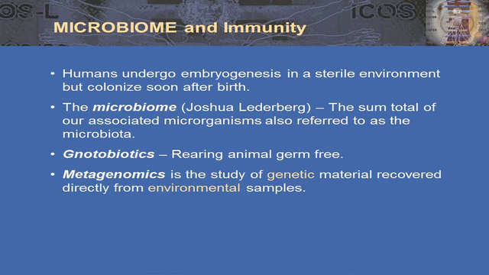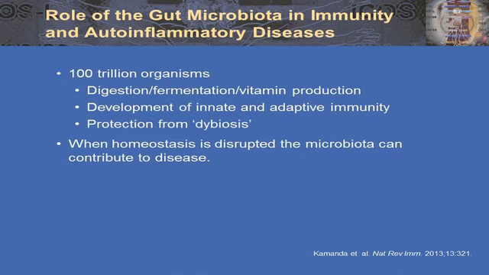There's another term that you'll see in this literature known as gnotobiotics, and that is rearing animals in germ-free environments and studying the effects of reintroducing bacteria and microbes into them. And then most importantly, this term metagenomics. This is the only reason that we're studying this. There's a huge complexity to this area, obviously, and the study of genetic material through advances in informatics has allowed us to do this.